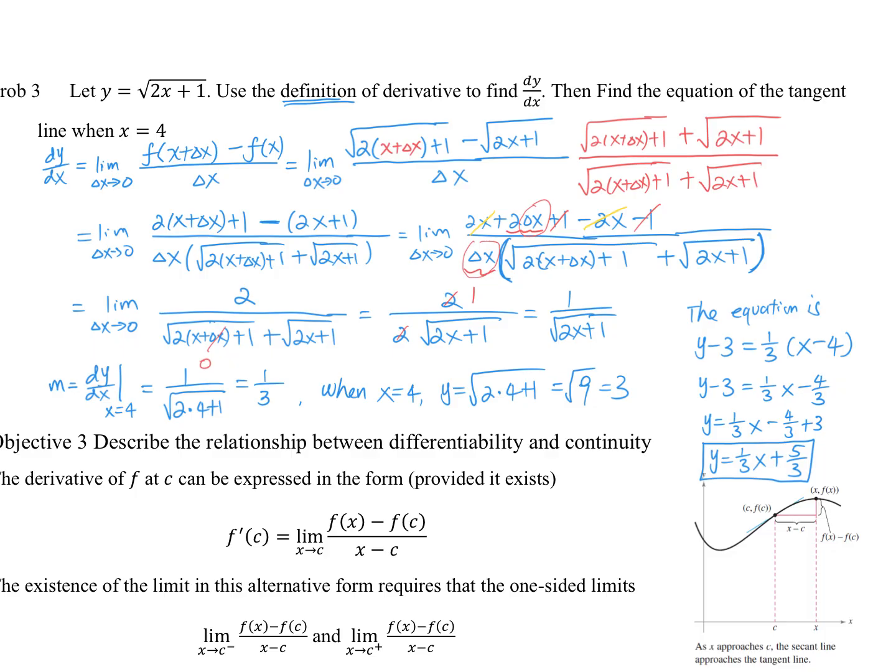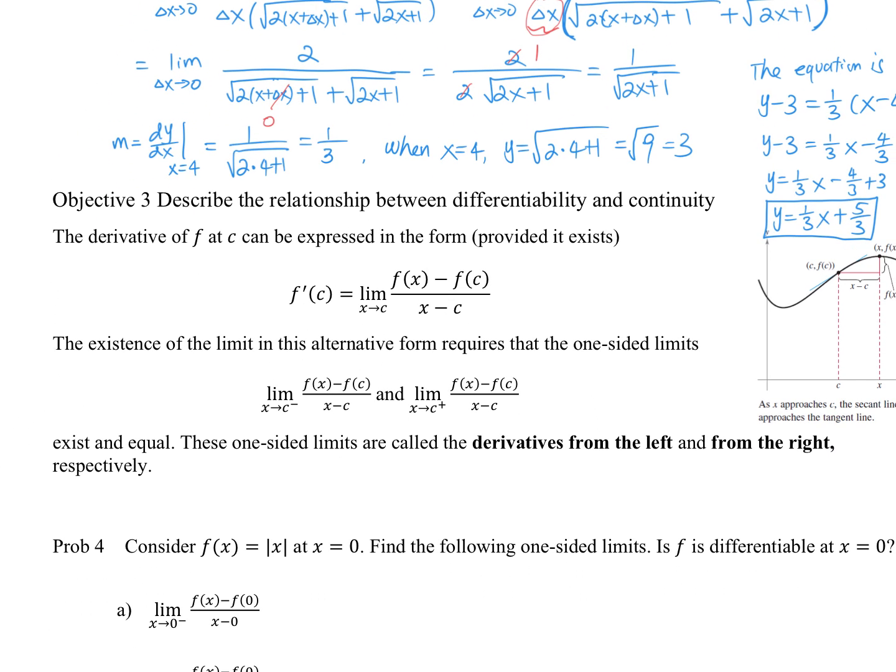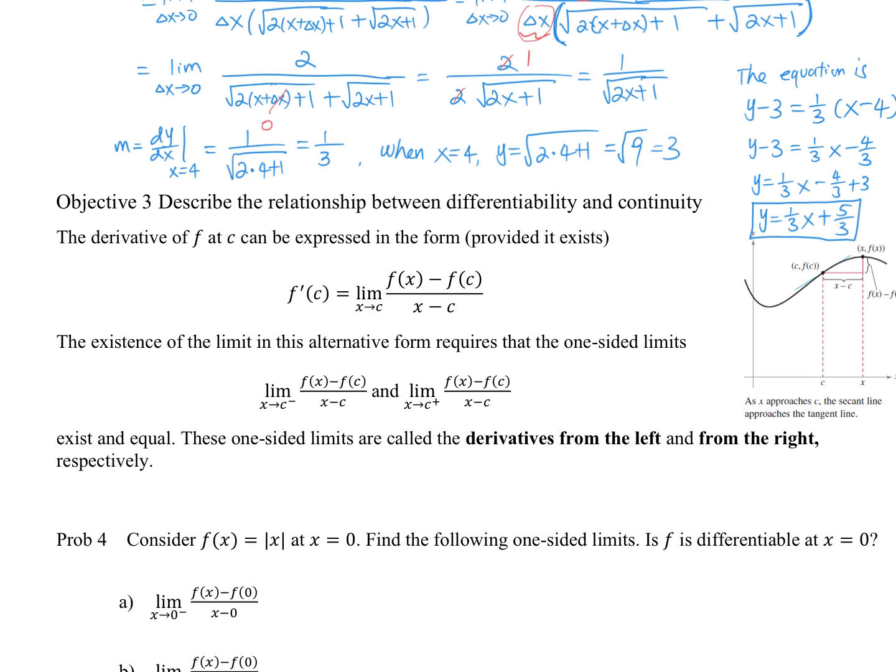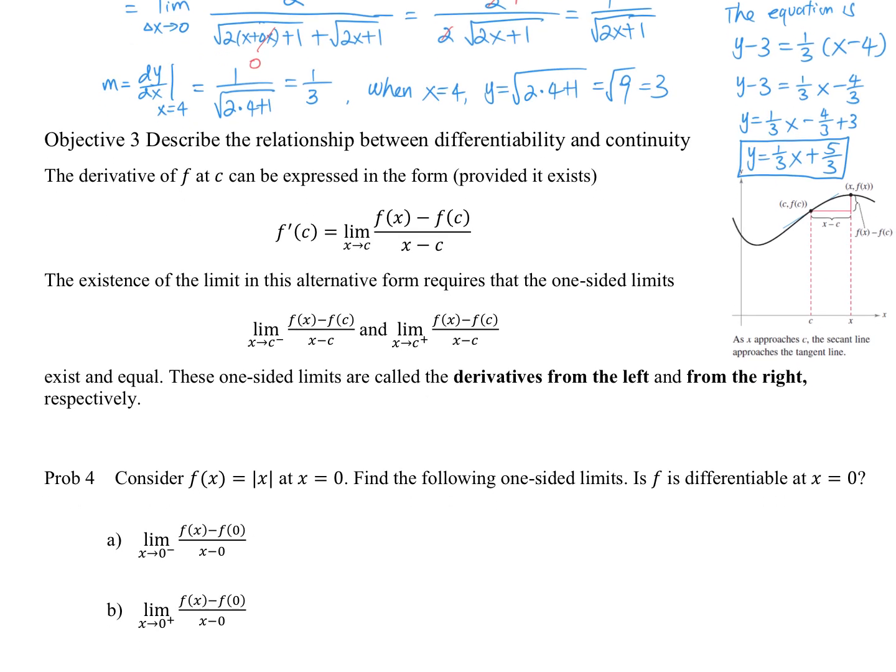The last learning objective of this lesson is to describe the relationship between differentiability and continuity. So here, first of all, the derivative of f at c can be expressed in the following form, of course, provided it exists.